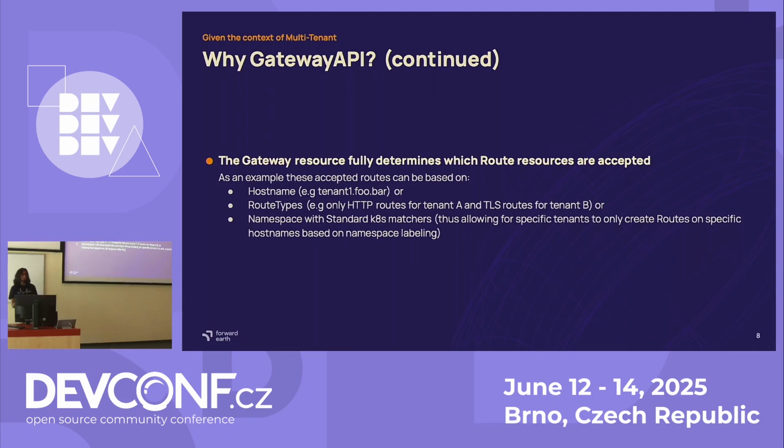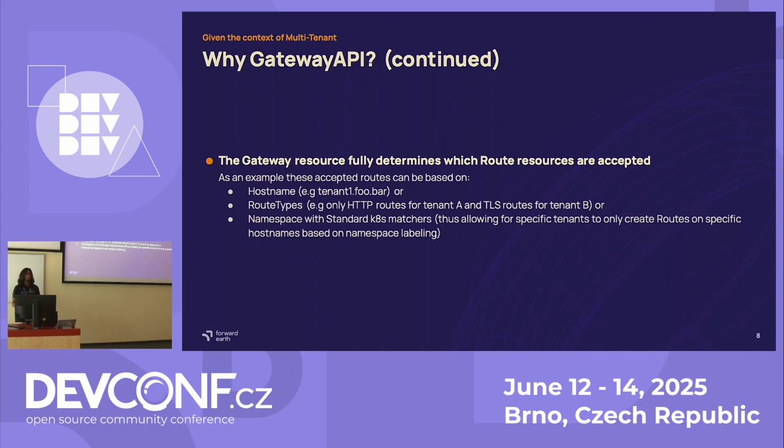They may be incorrect routes, trying to access maybe a DNS hostname that doesn't belong to them. They could be trying to access a service that's not in their namespace. They could be trying to interact with a service that belongs to another tenant. They can create all of that. But why it is considered safe to allow them freedom over these resources is that the gateway is the ultimate determinator of what gets accepted and what gets routed from outside to the inside.